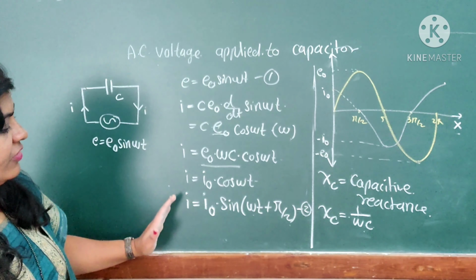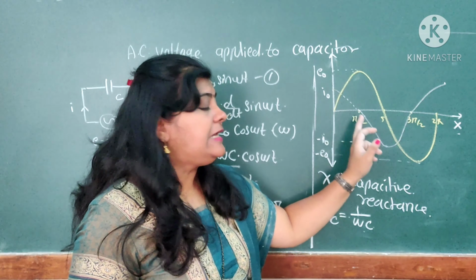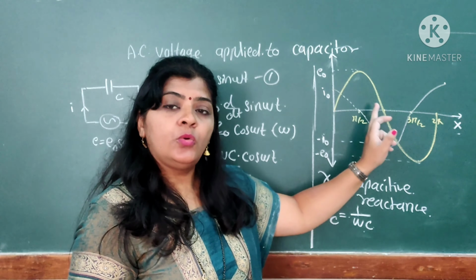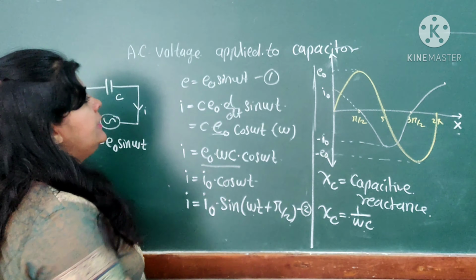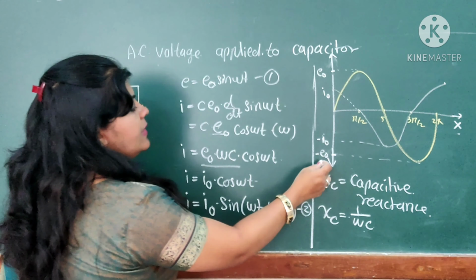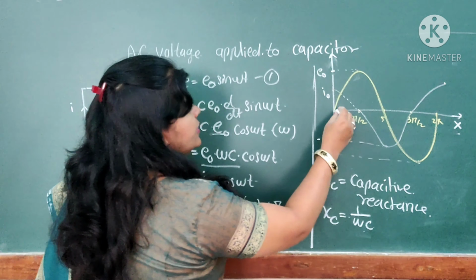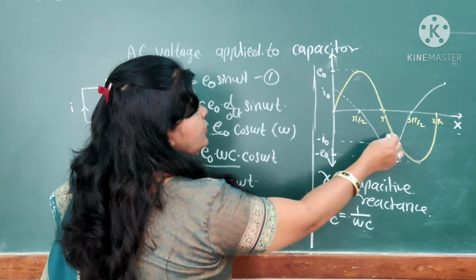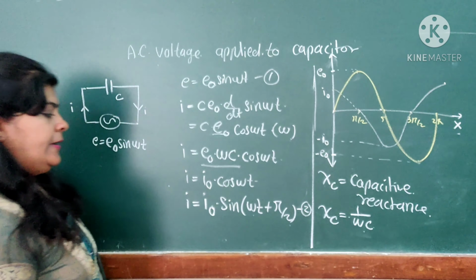How to plot the graph of it? Now see here, again for equal intervals draw the angles 0, pi by 2, pi, 3 pi by 2 and 2 pi. Then the maximum value of the EMF is E naught and the minimum is minus E naught; mark these. Taken as a sine function, it starts from 0 for sine omega t, and is maximum at pi by 2, minimum at pi, then maximum at 3 pi by 2 and 2 pi.